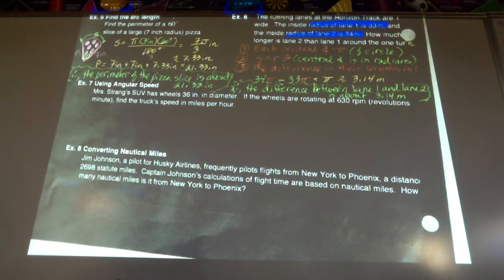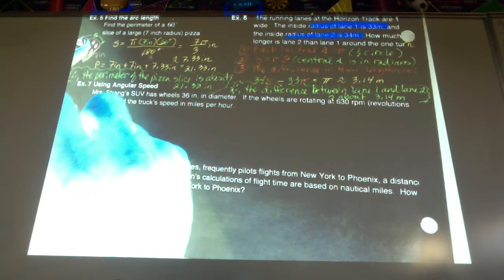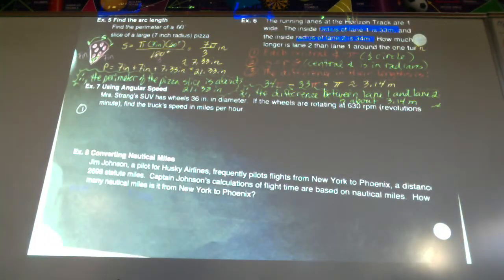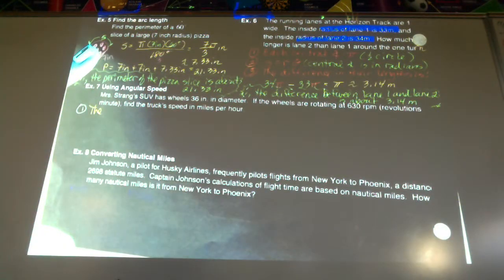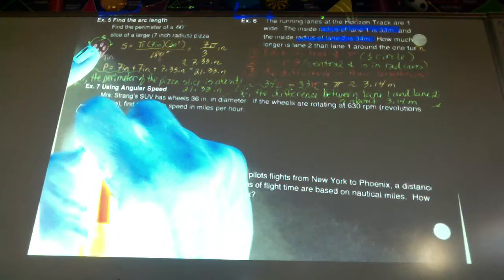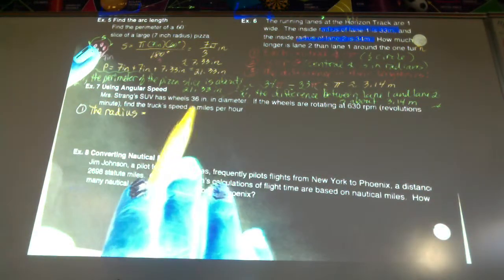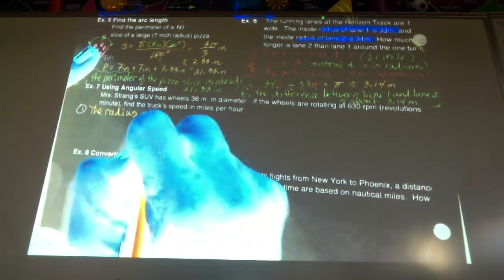So step 1, the radius, because I need radius, I don't need diameter. So what's the radius? It's 18 inches, right?